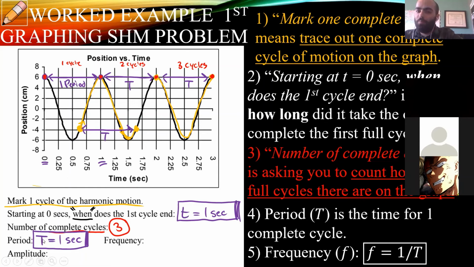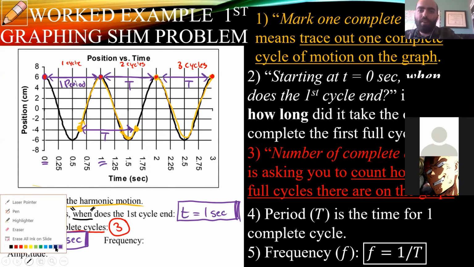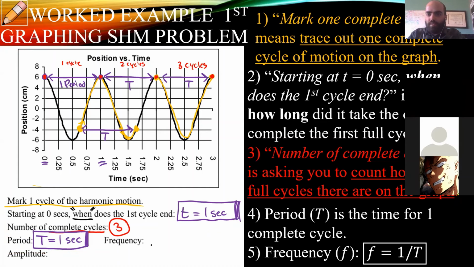You could also use the formula: frequency is 1 divided by the period, then it's 1 over 1 second, and that would be 1 hertz.